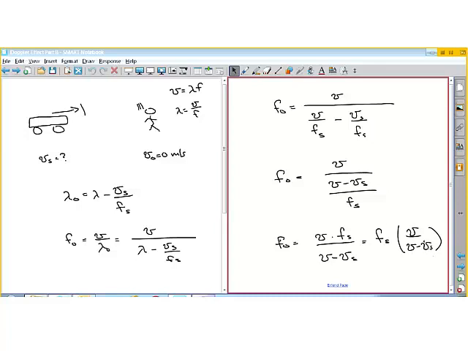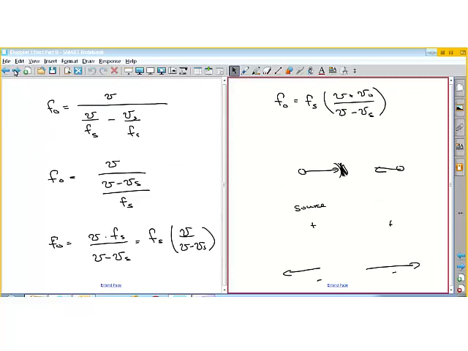Now in this case, positive V source is moving towards the person, and negative V source would be moving away from the person. So either driving this way or passing and going that way would be negative. V again is the speed of sound. This is the speed of the source, like the siren on a police car. This is the frequency that's being generated.